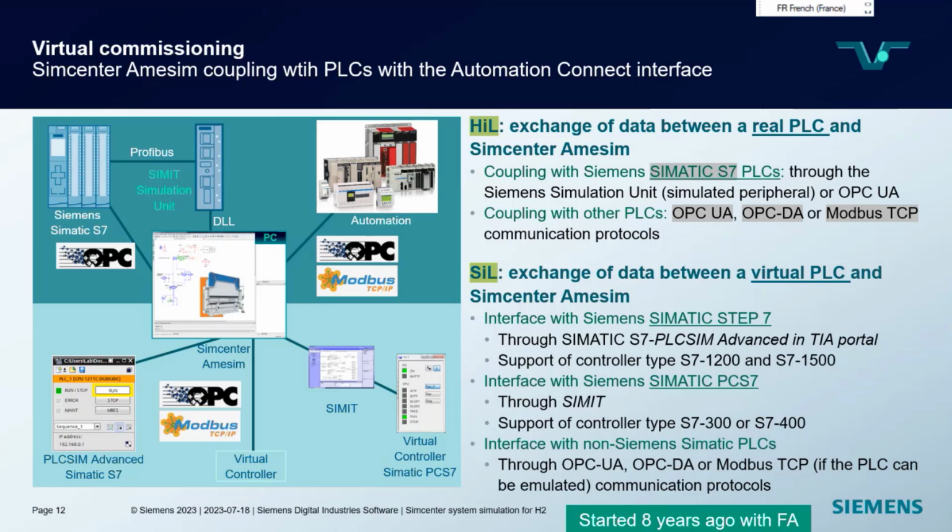So doing so, you can have some concurrent engineering between the two departments, the mechanical department and the automation department, and you can investigate some scenarios like the impact of a code modification regarding safety or productivity. You can make decisions depending on the operating points, create some interactive dashboards or some failure analysis.